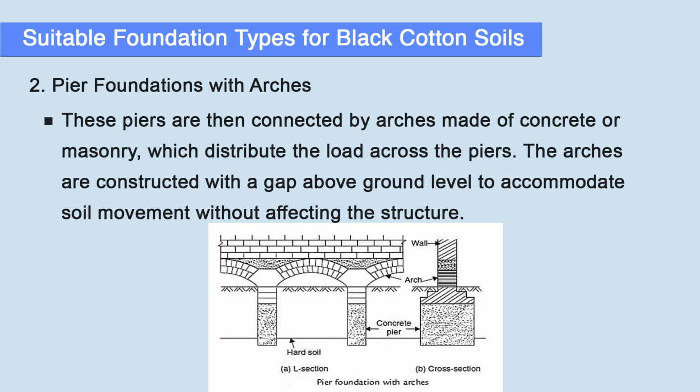These piers are then connected by arches made up of concrete or masonry, which distribute the load across the piers. The arches are constructed with a gap above ground level to accommodate soil movement without affecting the structure. This design is particularly effective in mitigating the effects of soil expansion and contraction.